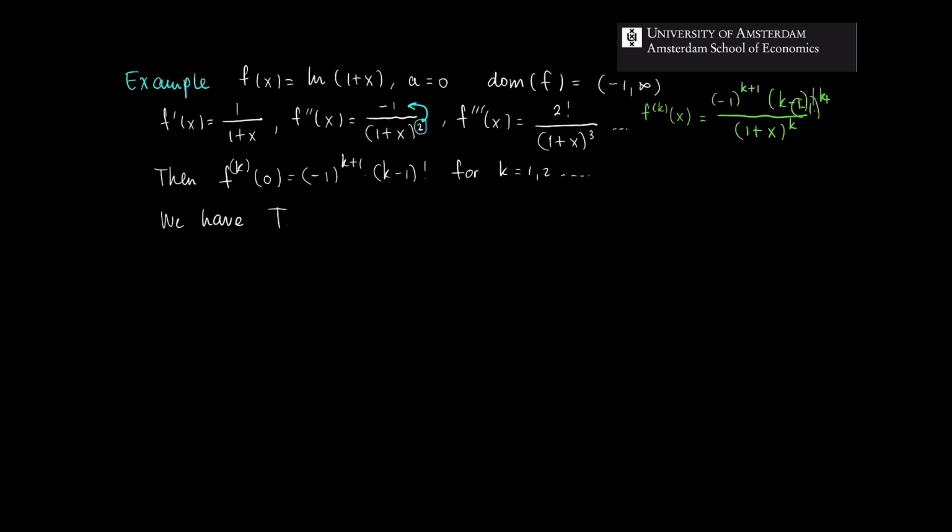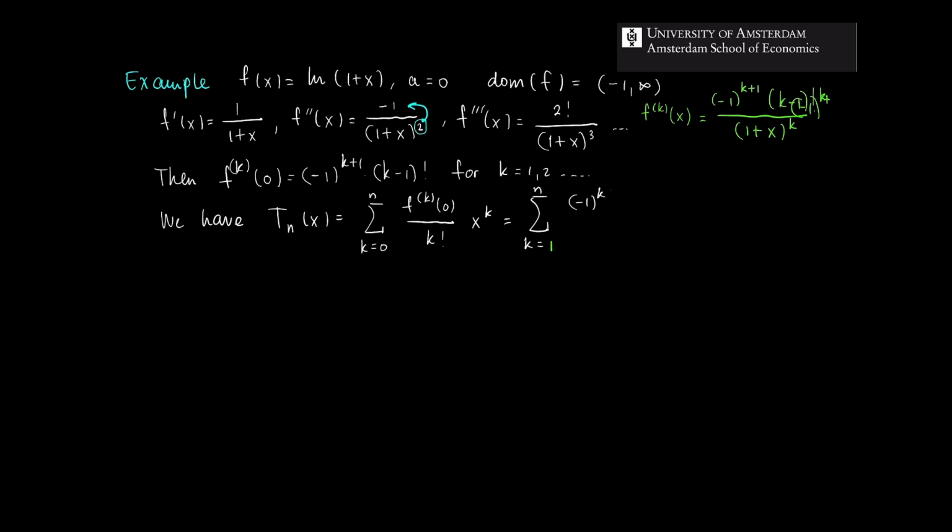Okay, now have a look at the nth order Taylor polynomial at 0. So we just plug in what we just found, then we get the sum of k equals 1, since f(0) is 0, so we start counting with k equals 1.